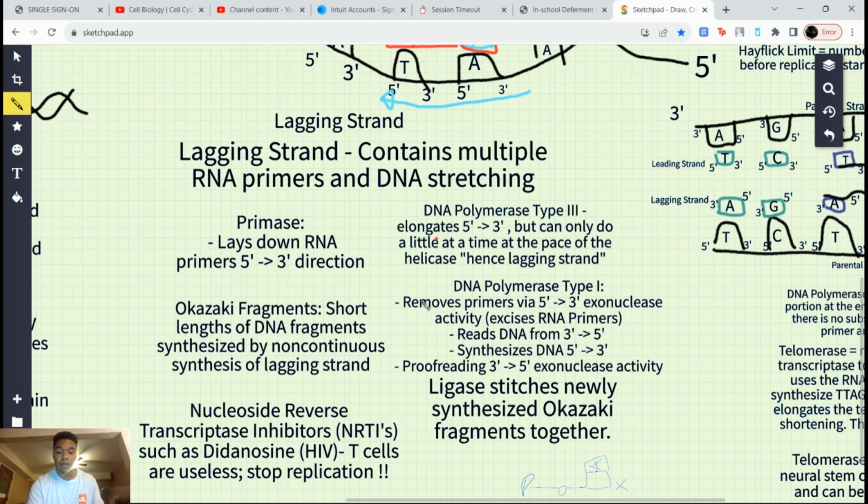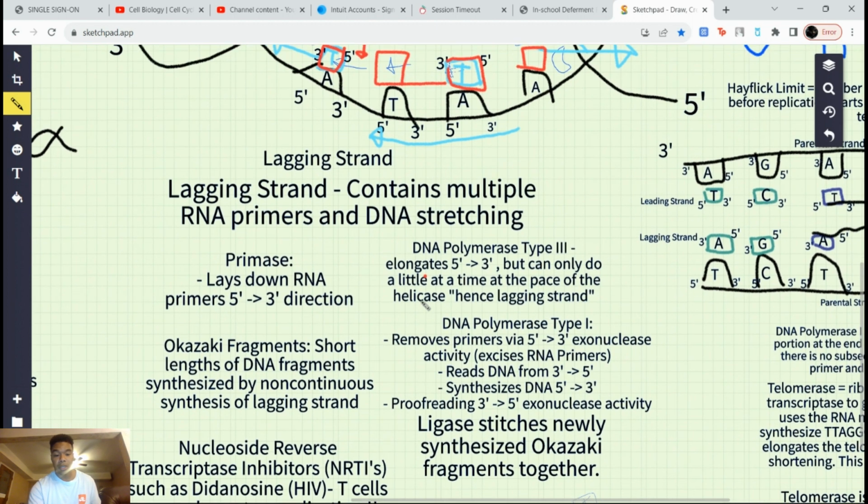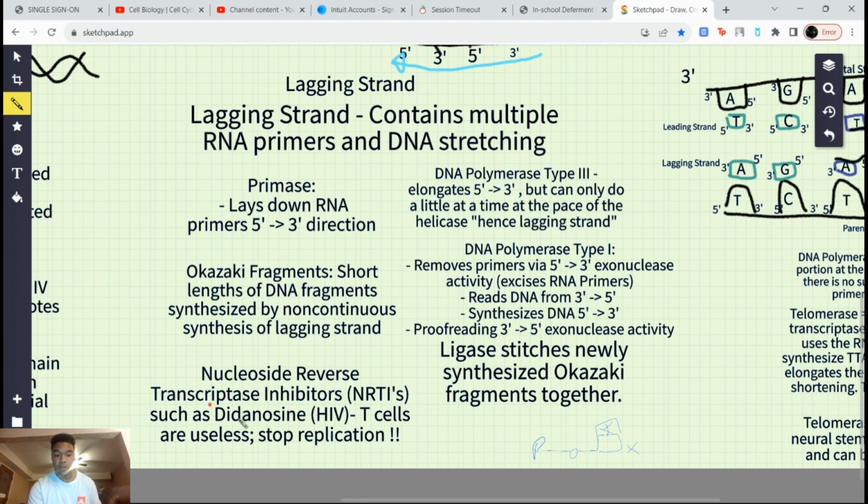One way to inhibit this replication process is to use nucleoside reverse transcriptase inhibitors, such as didanosine, which is basically dideoxy nucleotides. Basically, they are missing hydroxyl groups, I think on the 2 and the 3 carbons. I could be wrong, but the second and third carbons are missing the hydroxyl groups that are usually there.